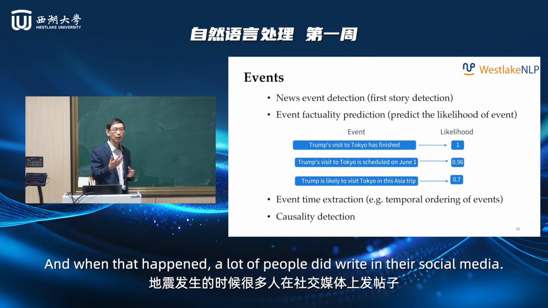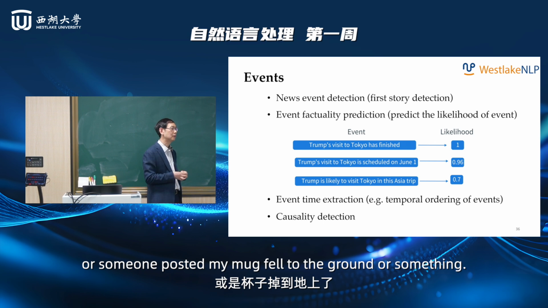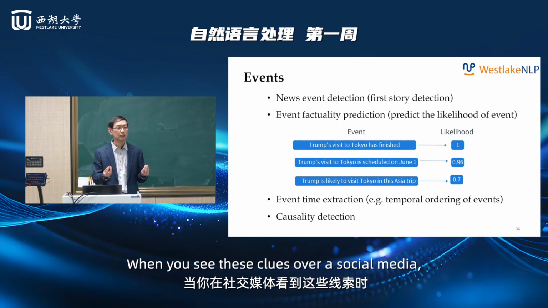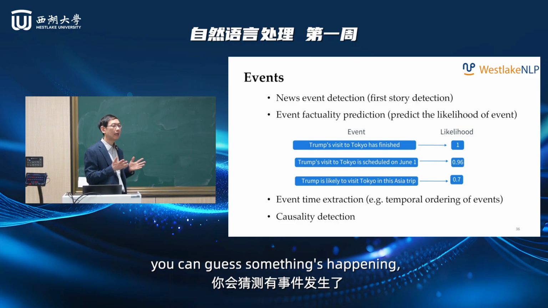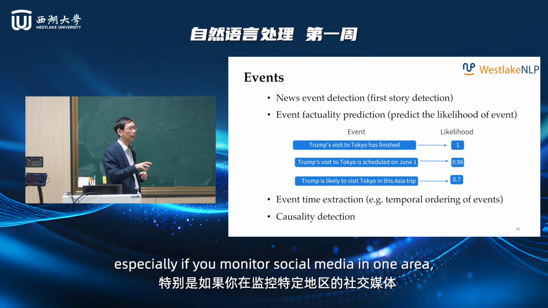And when that happened, a lot of people wrote in their social media. They say, oh, I feel something is shaking when I sat on the sofa. Or someone posted, okay, my mug fell to the ground or something. So when you see these clues, right, over social media, you can guess something's happening, especially if you monitor social media in one area.